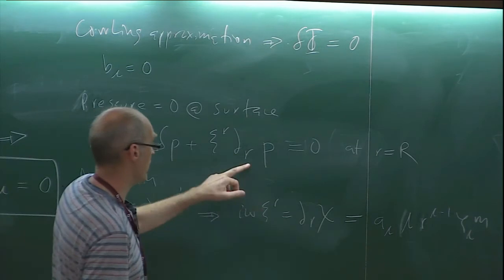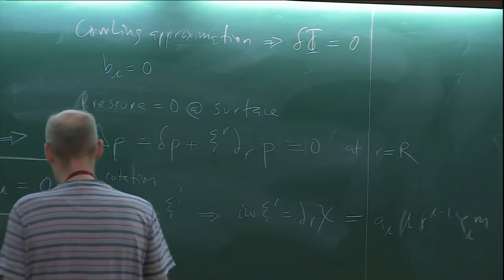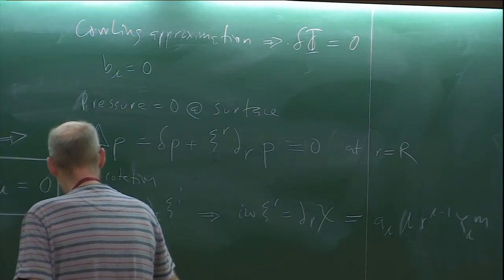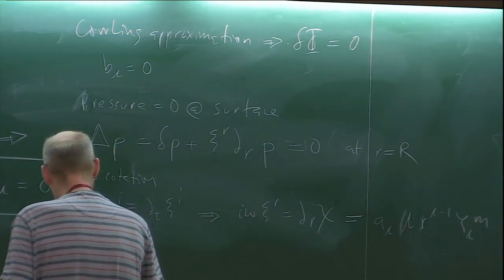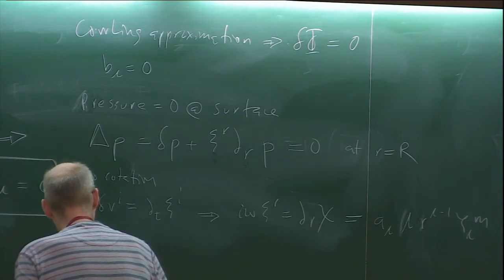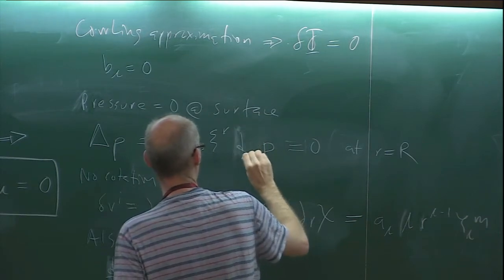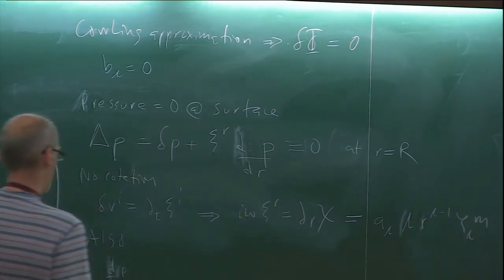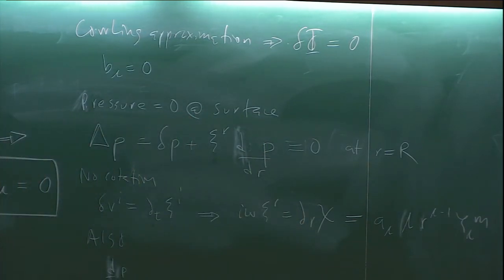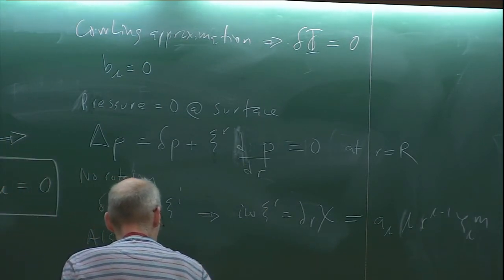So now I know what sits here. I need to know what's sitting here. The background is such that the pressure, so actually it should be a straight derivative, here, because it only depends on r, is balancing the gravitational potential.